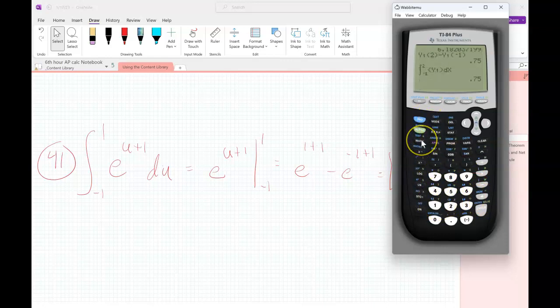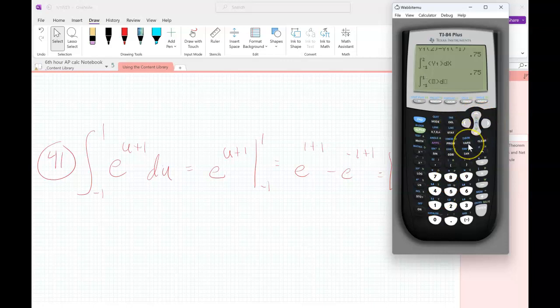And then if I press the math button and I scroll down to the bottom and find the fnInt, that's function integration. Where do you go? Math, and then down to the bottom. Yeah, that sounds right. Depends on your operating system, whether it's 9 or A or whatever.